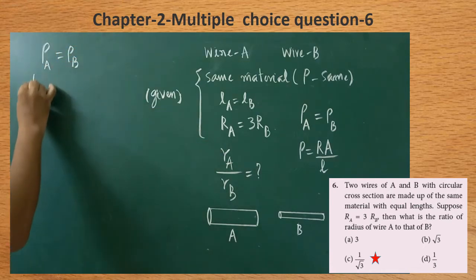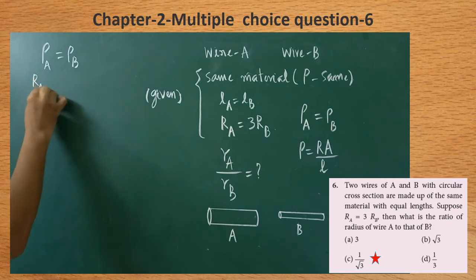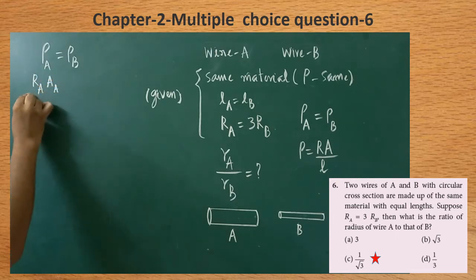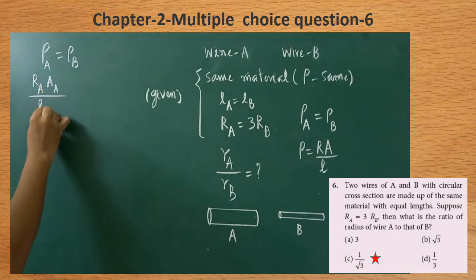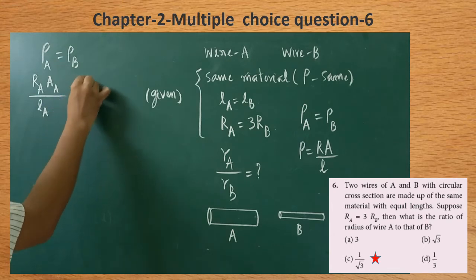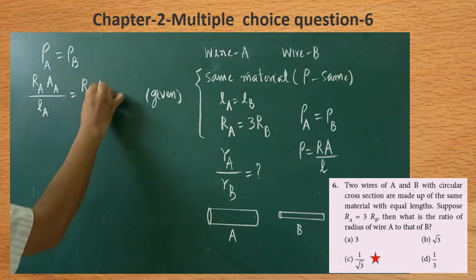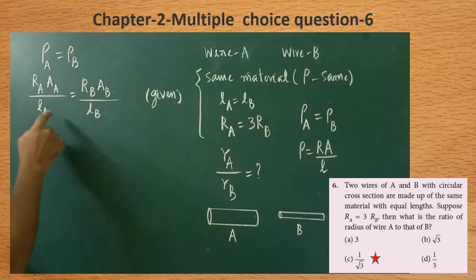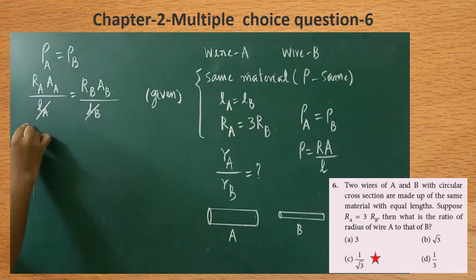Substitute the required formula here. I am writing the formula for the first wire, wire A: RA, area of cross section of the first wire, divided by length of the first wire A is equal to RB, area of cross section of the B wire, divided by length of the B wire. Here both lengths are the same, therefore LA can be cancelled.